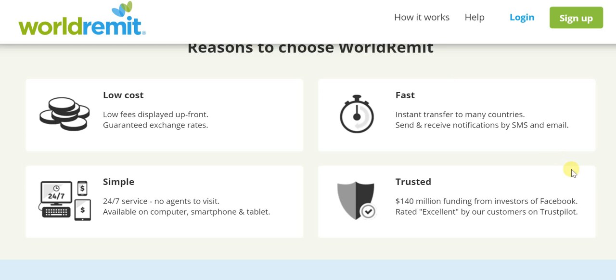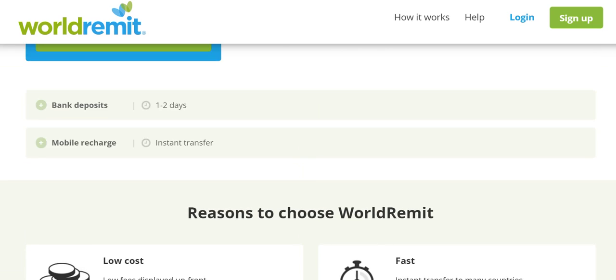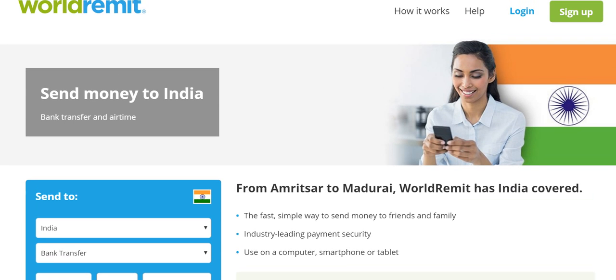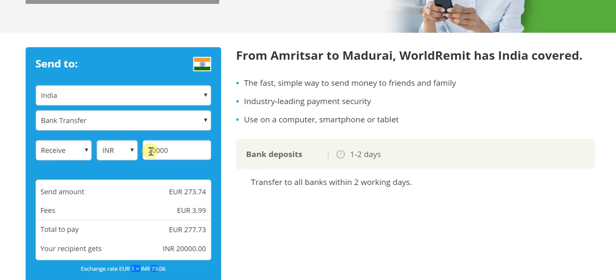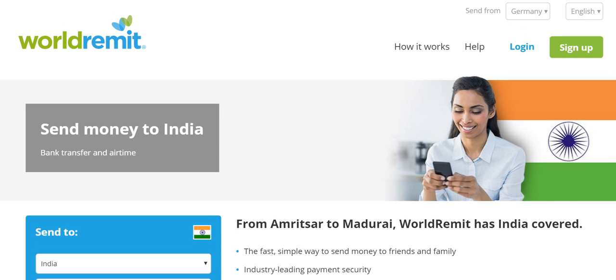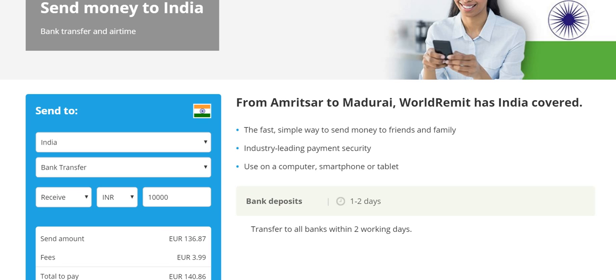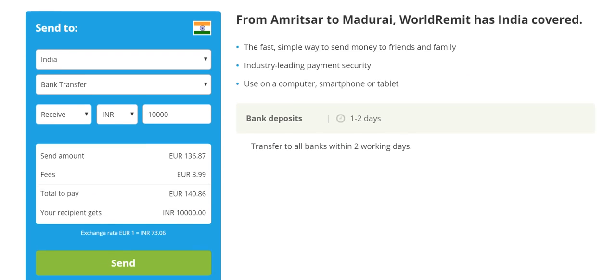And then, moreover, when you're looking to send money from Germany to India, you can always start with nominal amounts. Like I showed you that I started with as little as 10,000 Indian rupees, which the recipient in India is to receive. So any such nominal amount you could start off with, and then once you've got that much needed confidence in the platform, you can then gradually graduate to larger amounts as per the actual requirement.